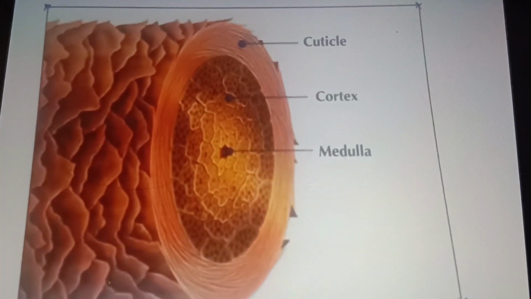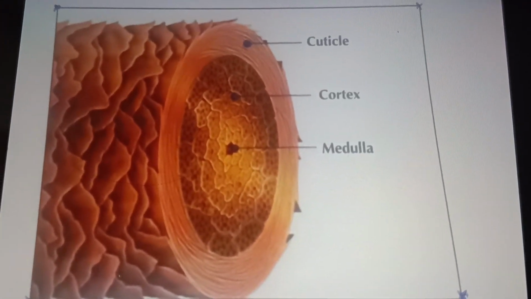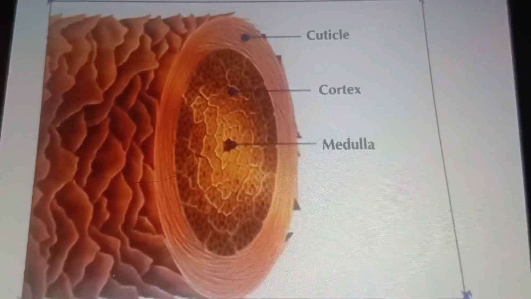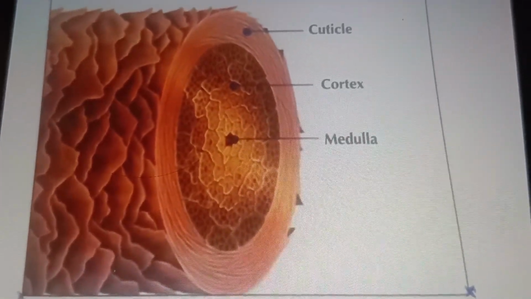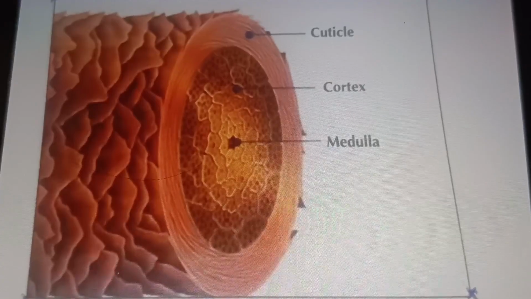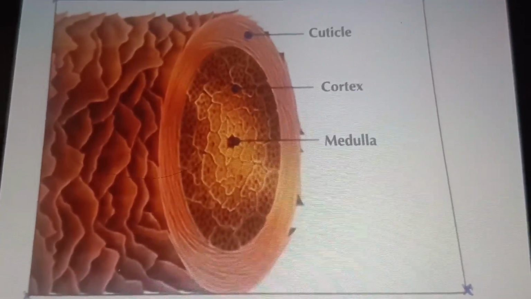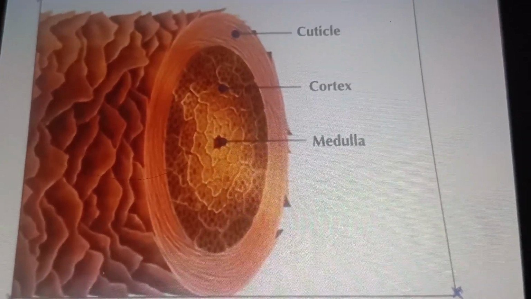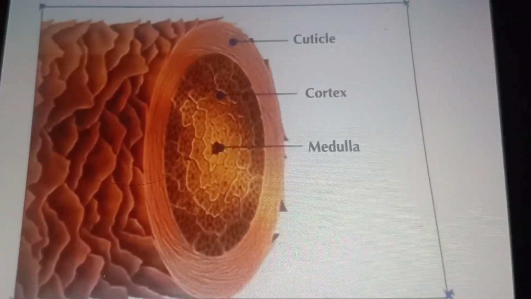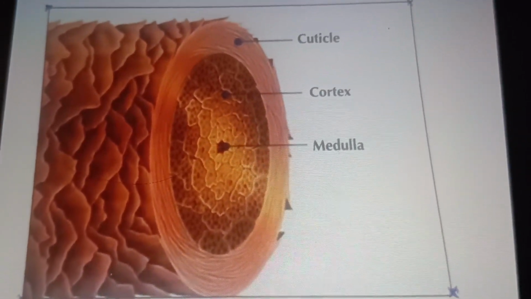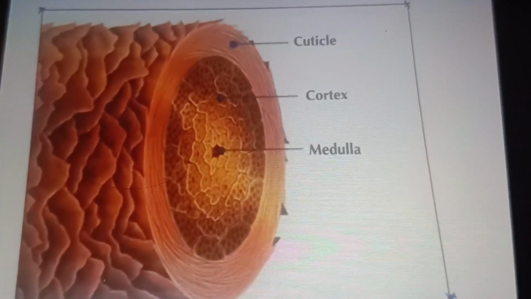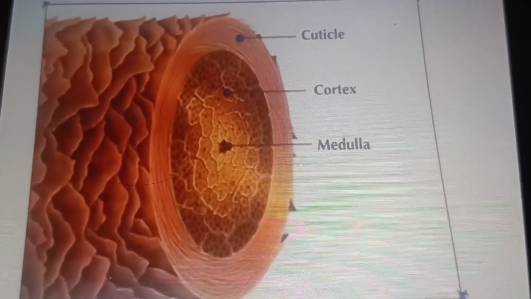The cuticle is the hair's outermost layer, which has single fish-scale-like cells which work defensively to prevent damage to the hair's inner structure and to control the water content of the hair fiber.